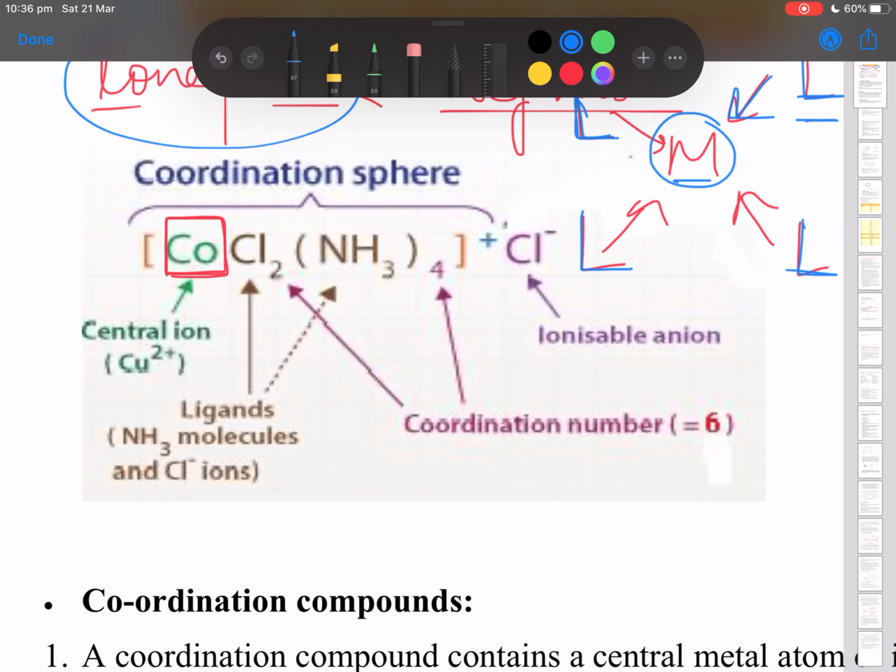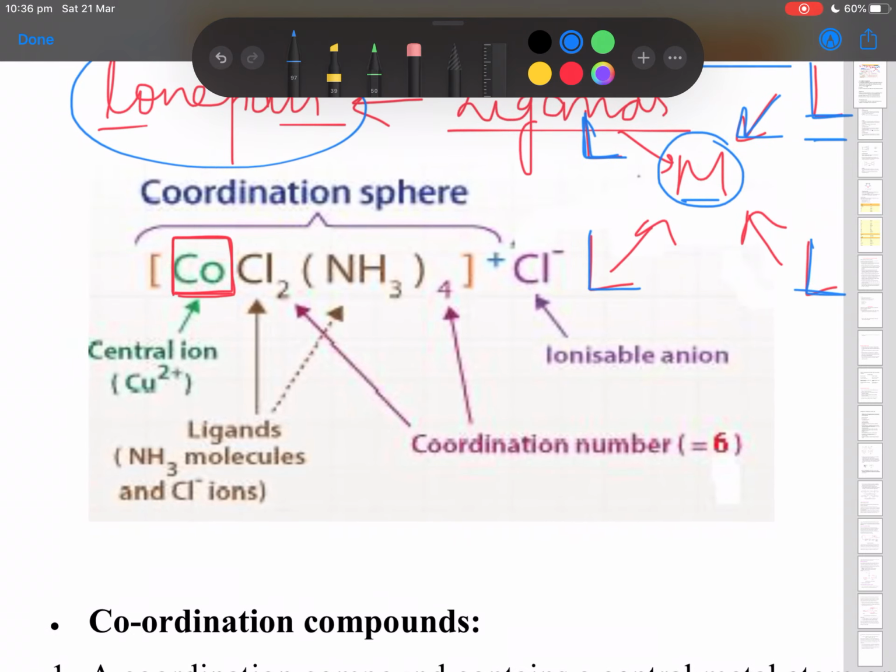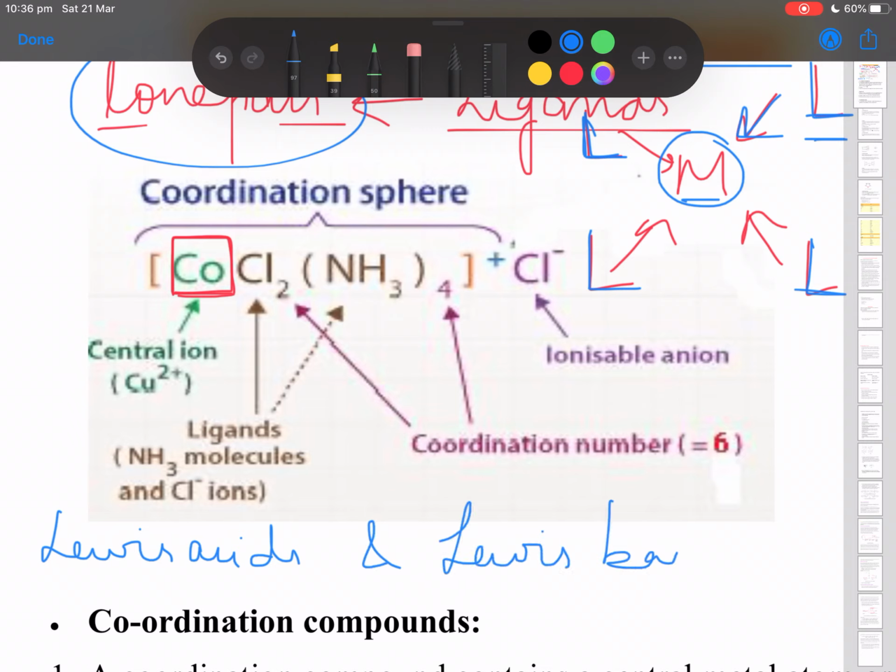If you remember, in grade 11, you have learned about the term Lewis acids and Lewis bases, right? So try to recall, Lewis bases are always electron rich, whereas Lewis acids are electron deficient. That means they are electron acceptors.